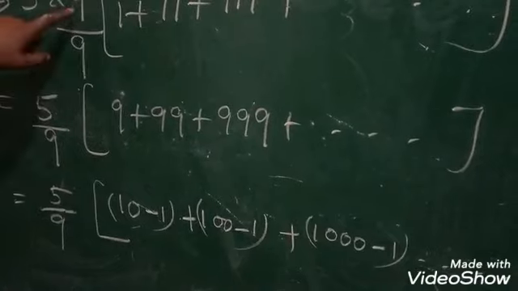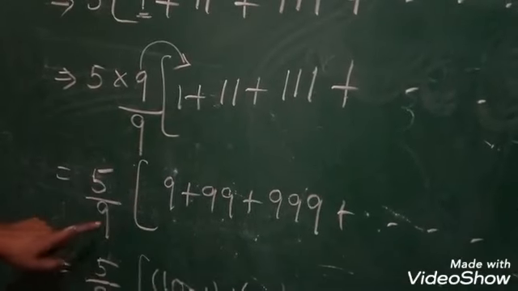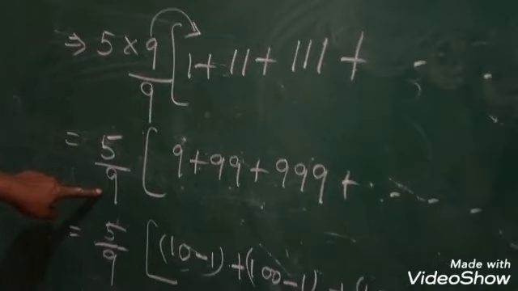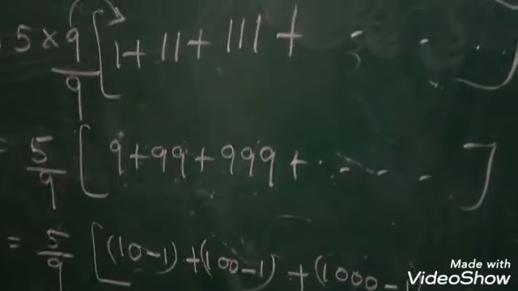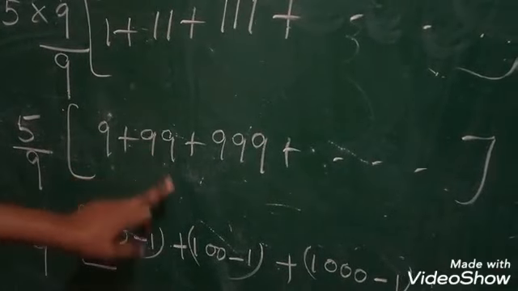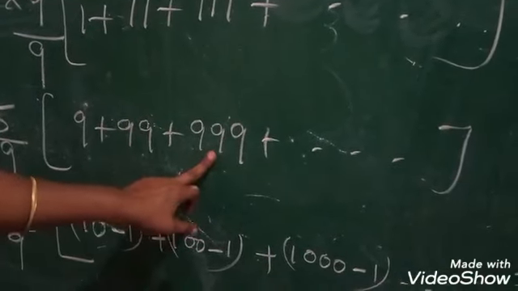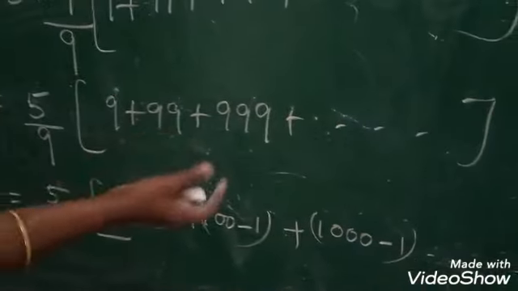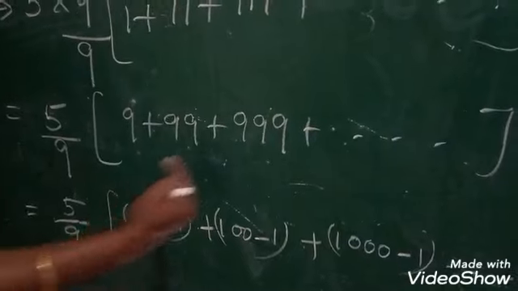Okay girls, here the 9 should be inside. The 9 outside is there because we multiplied and divided by 9, so the series should not be changed. So conveniently we split the 9 as 10 minus 1, 99 as 100 minus 1, 999 as 1000 minus 1, and it goes on. Now you have to split the tens and the ones.